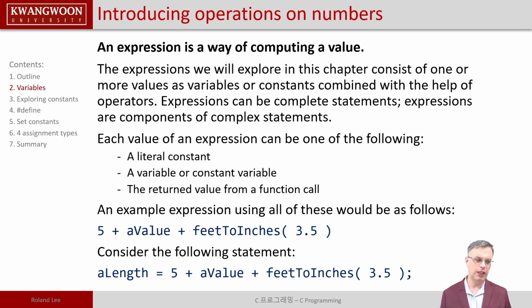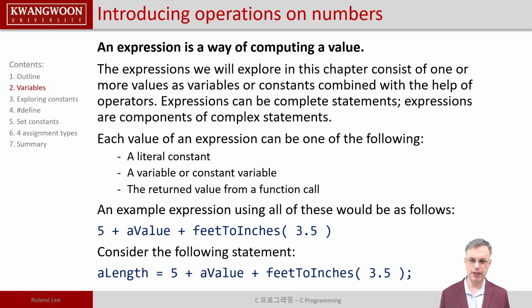Also consider the following: length is assigned the value 5, and aValue is added, and the function result with the parameter 3.5. The addition of the function call result to the intermediate result and the assignment of the intermediate result to the length variable as well. Okay, so we got it. And this way, the different values are evaluated and are added to the length variable.